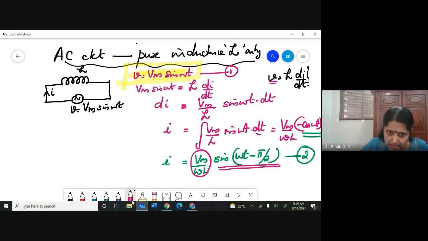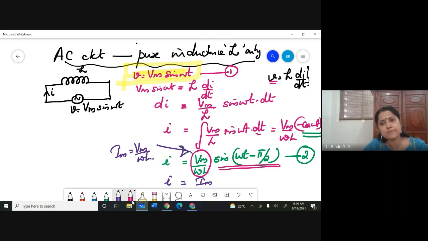Or I can rewrite this equation as I is equal to Im, because I max is equal to Vm by omega L, isn't it? When sine omega t minus pi by 2 is 1. So instead of Vm by omega L, I can write Im. I is equal to Im sine omega t minus pi by 2.